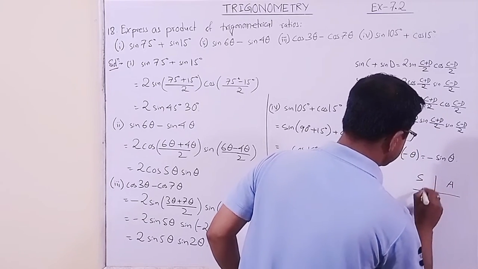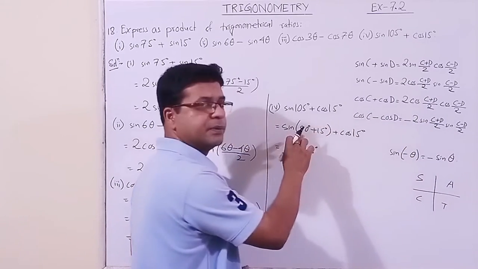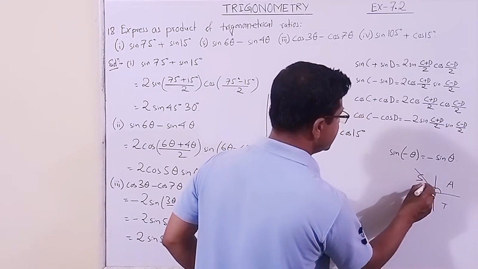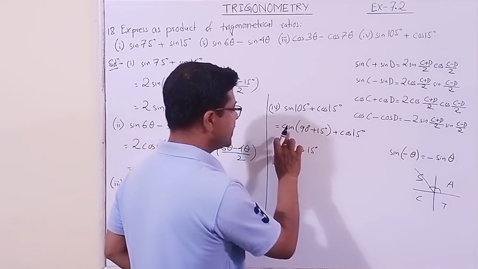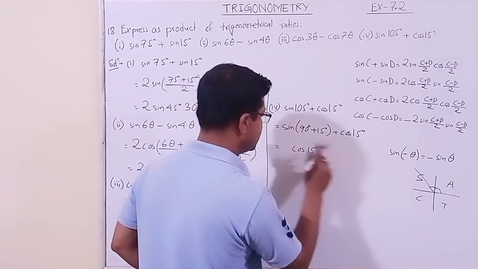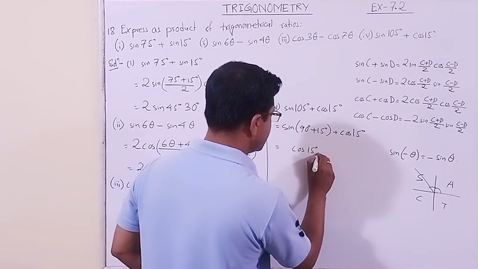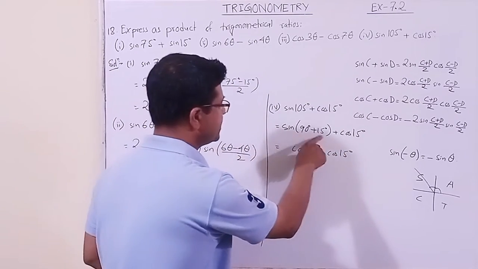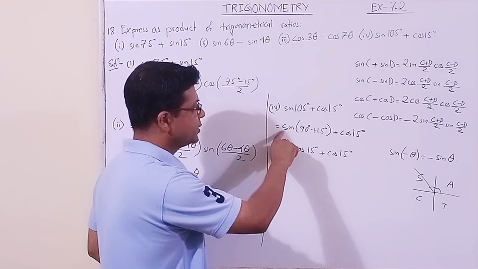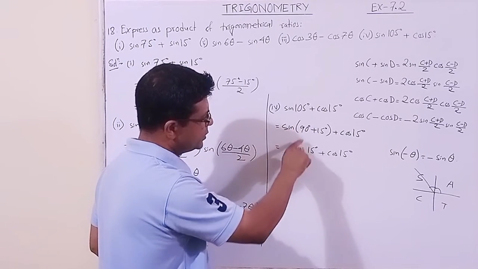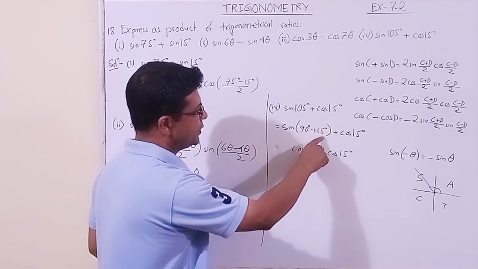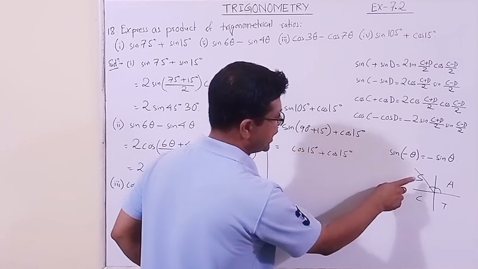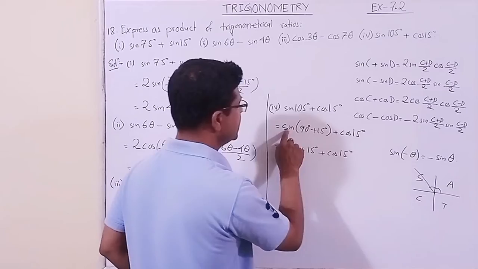We have to follow ASTC. 90 plus 15 lies somewhere here, in the second quadrant. In the second quadrant, sin is positive, that's why this is positive, plus cos 15 degree. As it is an odd multiple of 90, sin is converted to cos of 15 degree.